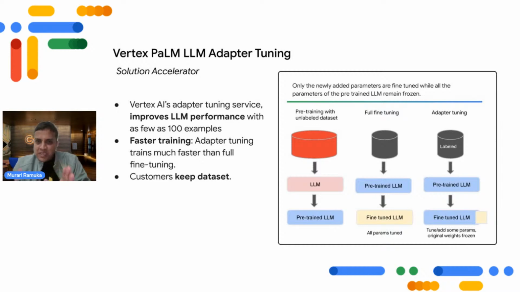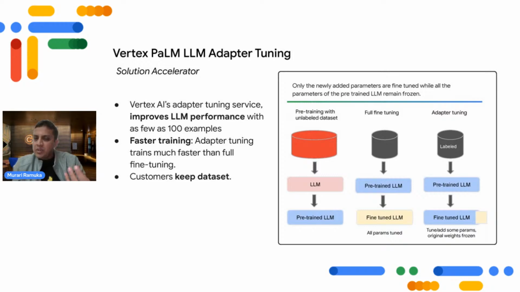So if you see the pre-trained model, which is nothing but the pre-trained LLM, trained on unlabeled data, what you do is basically the fine tuning. So there are three approaches which you can see: pre-trained LLM, fine-tuned LLM, and then pre-trained plus fine-tuned LLM, right? And that's what I was talking about on the previous slide, that you have a pre-trained unlabeled data set which you use to create the LLM, which is nothing but a pre-trained LLM.